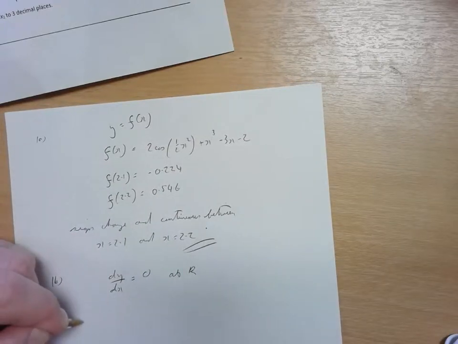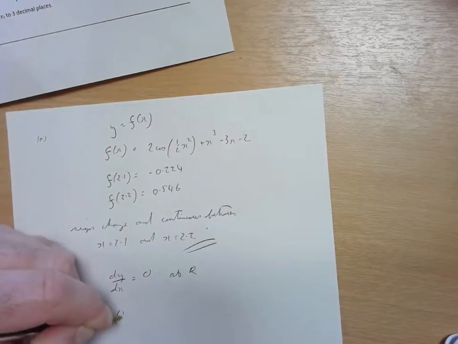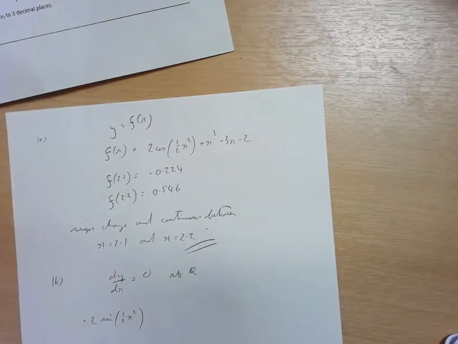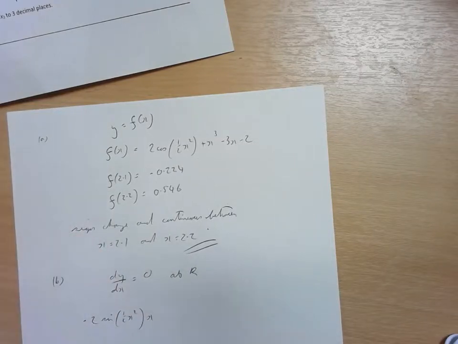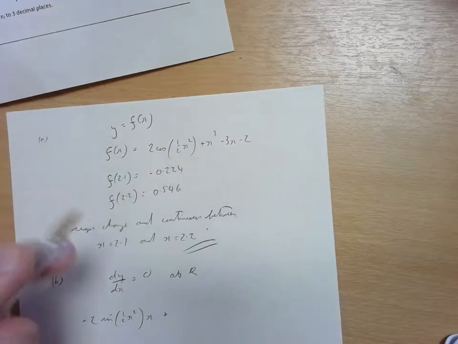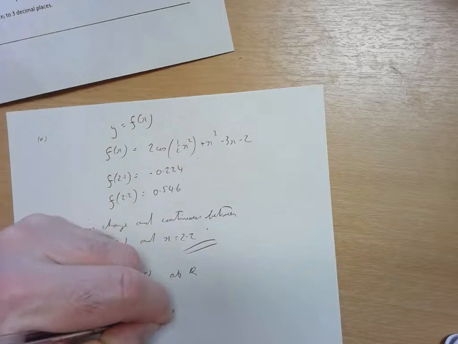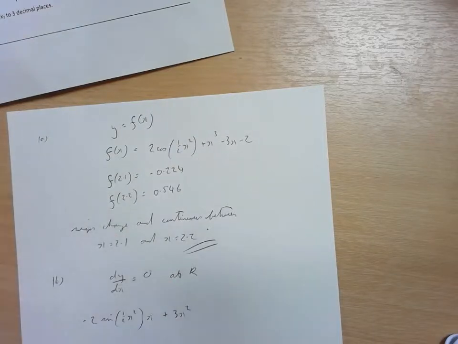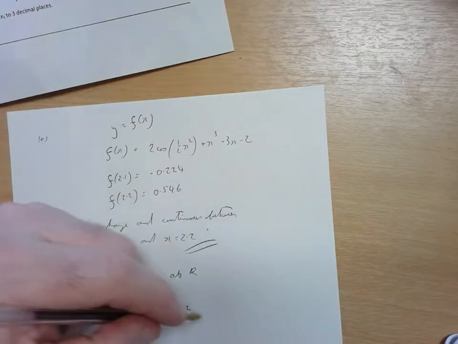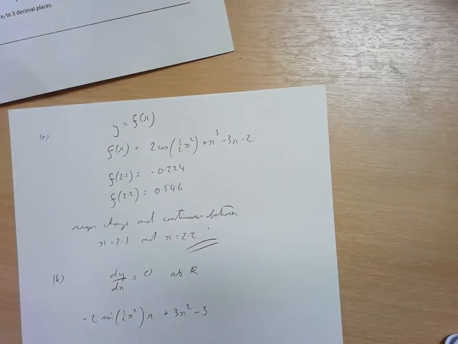It's going to be minus 2 sine half x squared times the derivative of half x squared, which is x. So that's dealt with that bit. Now we're going to differentiate x cubed, so that is plus 3x squared. We've got minus 3x, which differentiates to minus 3, and then of course the minus 2 disappears.